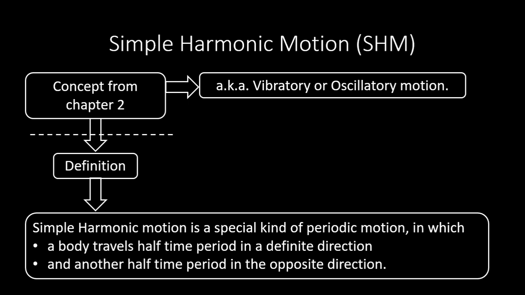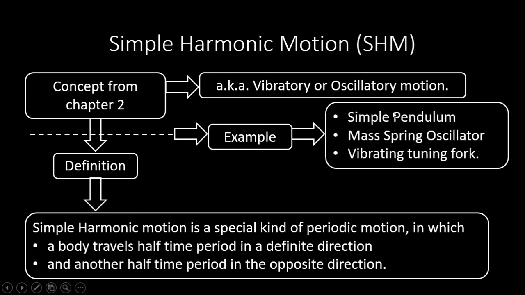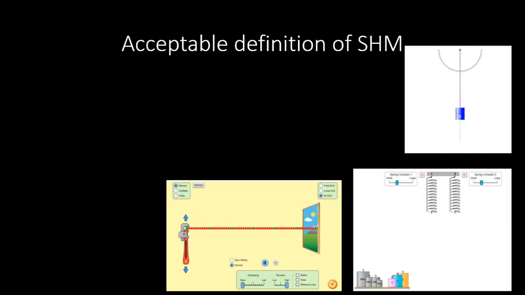That means the object travels through a particular point along its path after a regular interval of time, and it travels half time period in a definite direction and another half time period in the opposite direction. Examples are the motion of a simple pendulum, the motion of a mass spring oscillator, the motion of a vibrating tuning fork.